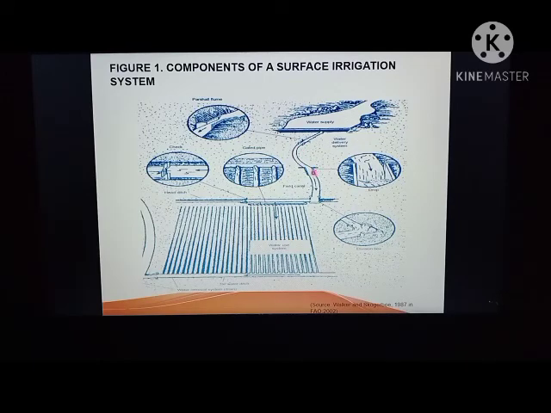And here we have the first drop to increase its velocity, and this is the division box that is going to our ditch here, before it crosses the gate pipes that are right below the ditch, and these are going to distribute the water in the field.